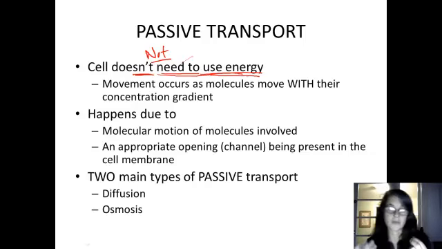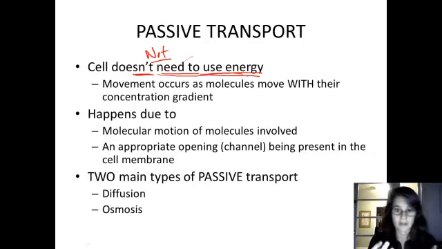Passive transport is when molecules will move from outside to inside or in to out, whichever direction you're talking about, without the cell having to do anything. Okay? It just occurs.